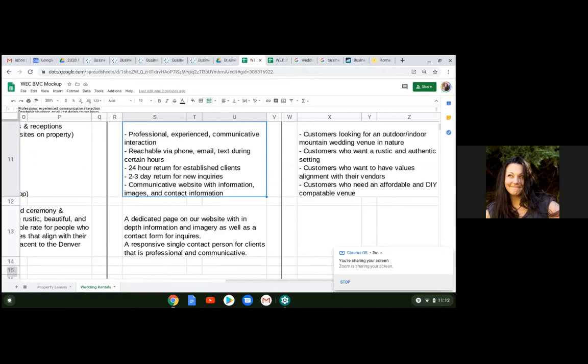So describe from the point of view of a customer what the interactions are like. And another one that I think could be relevant here is to talk about Woodbine's connections to communities that the customers may value.